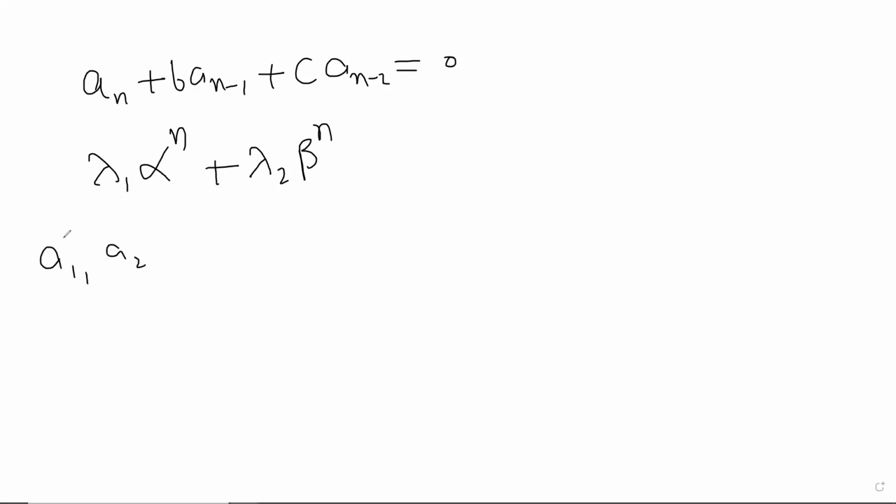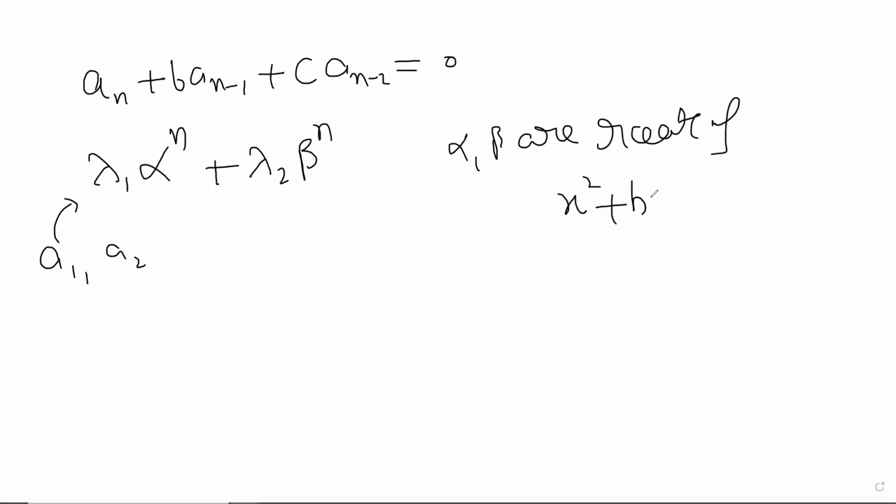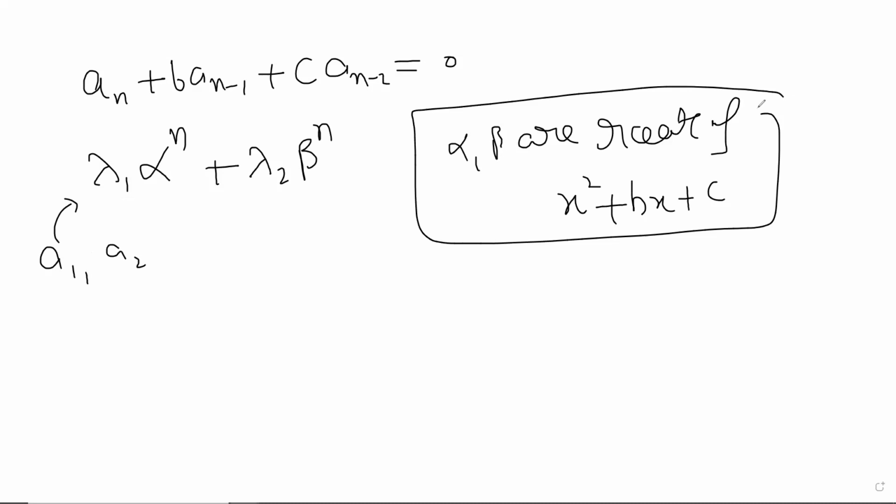And obviously this alpha and beta, what are they? They are roots of this x square plus bx. That's it. This is the picture.